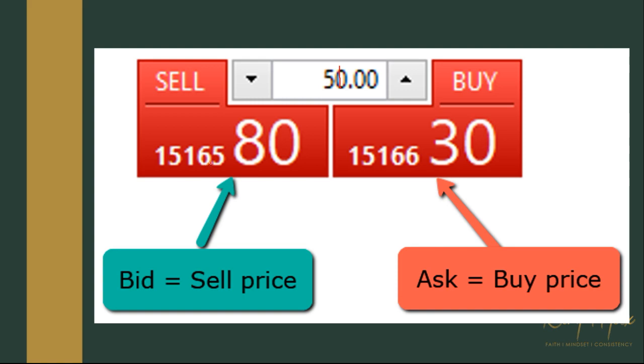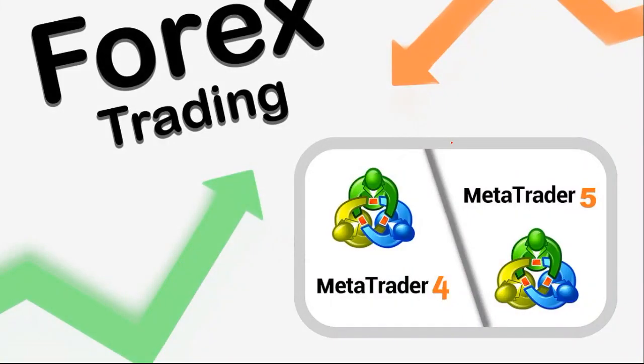And then this is our bid. What's our bid price? Our selling price, right? What's our ask price? Our buying price. So the platforms you can go check out, you don't have to download both. You can download either MetaTrader 4 or MetaTrader 5, right? MetaTrader 5 is the latest version, but depending on your broker, some brokers will ask you to choose either MetaTrader 4 or MetaTrader 5.